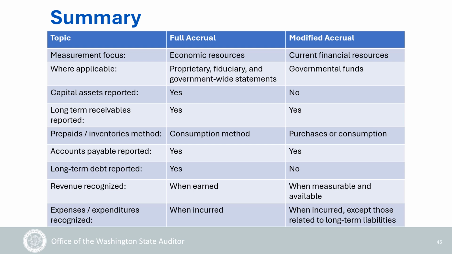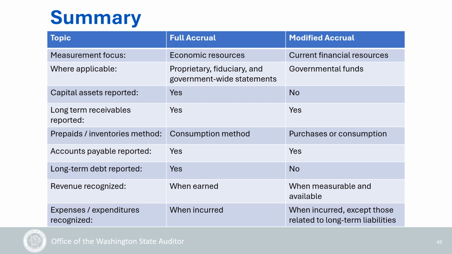On the other hand, modified accrual uses the current financial resources measurement focus, and this applies only to governmental fund financial statements. Capital assets are reported in full accrual, but not modified accrual. However, long-term receivables are reported under both bases of accounting.